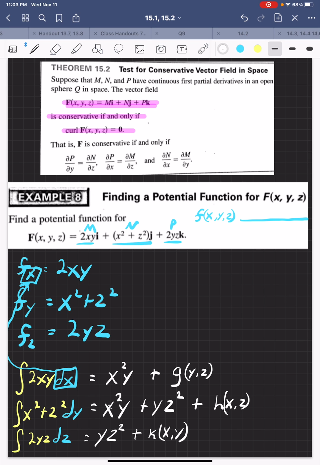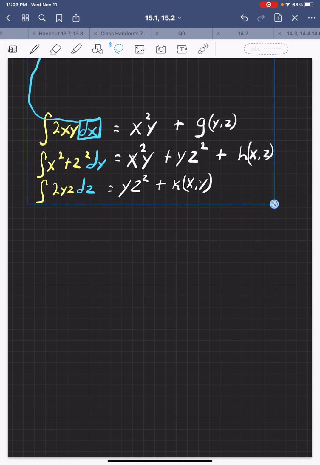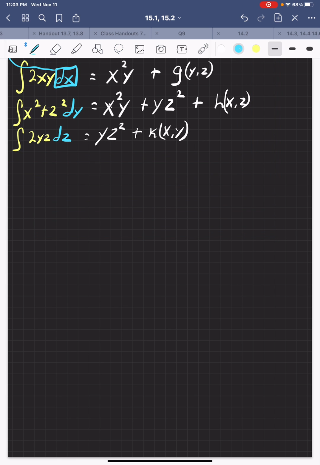Now, let me go to the next page, because we're not quite done yet. We still need to use the information from here to form our function.